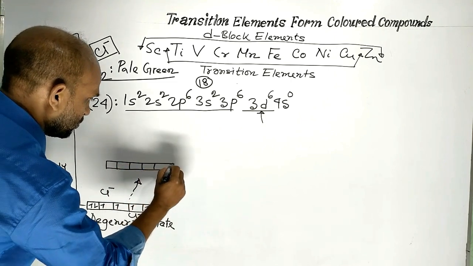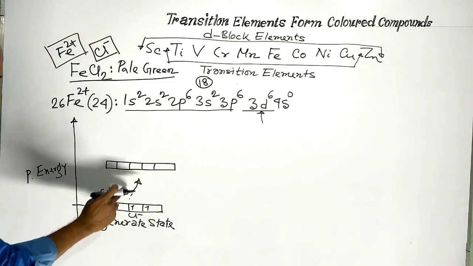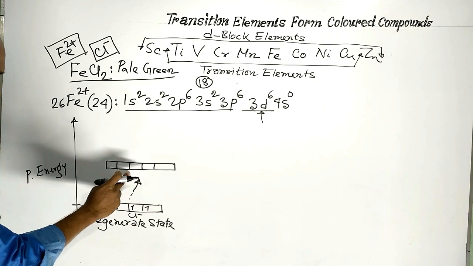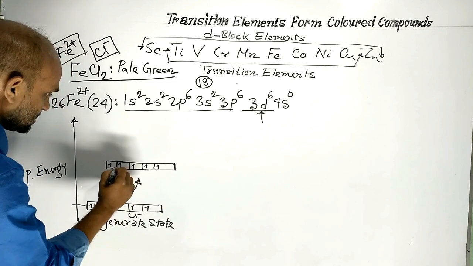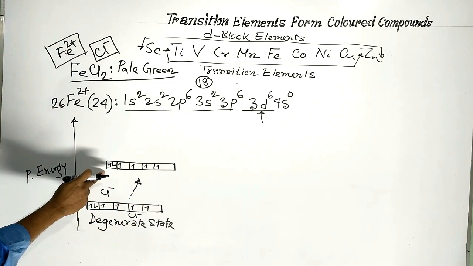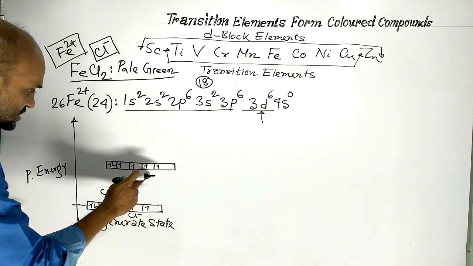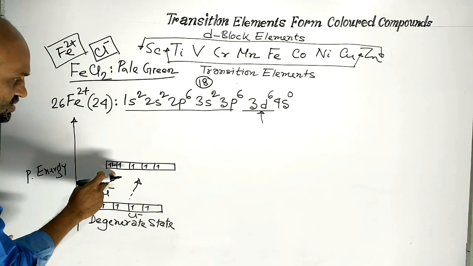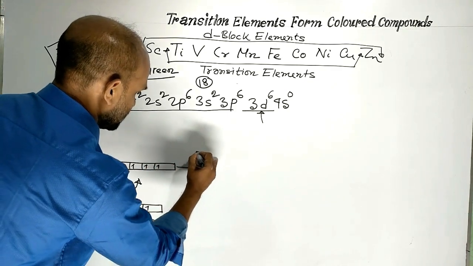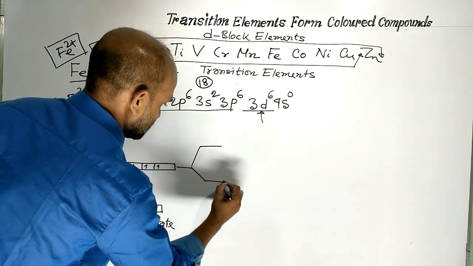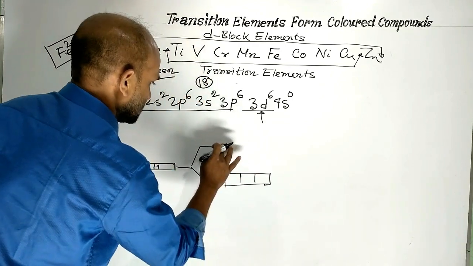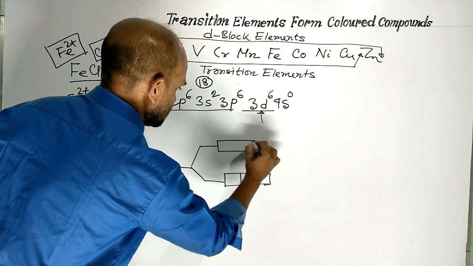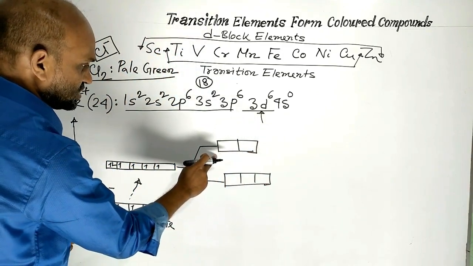Energy of the 5 d orbitals increases. Here, the electrons remain in the same state. It doesn't stop here. Now, these 5 d orbitals split into 2 groups in this way: a group of 3 orbitals and a group of 2 orbitals.